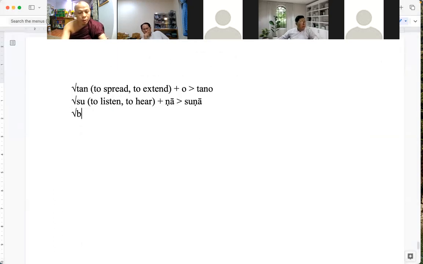So root is bhu, to develop. Maybe you're familiar with the Pali words samatha bhavana, vipassana bhavana, or bhavana from this root. So sign is a. So here you see the first rule.